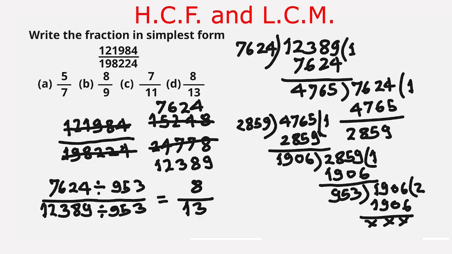So the simplest form of the given fraction 121984 upon 198224 is 8 upon 13. And from the given options, our answer is option D, 8 upon 13. I hope you have understood the method of solving such type of questions. We go to the next question.